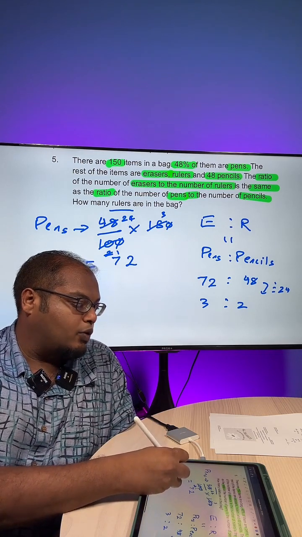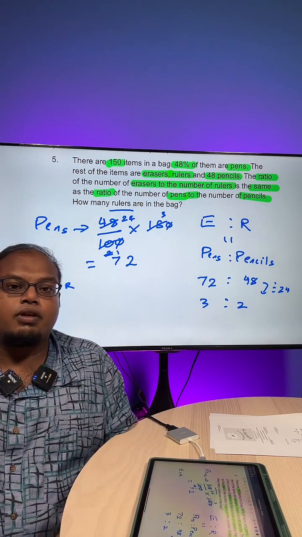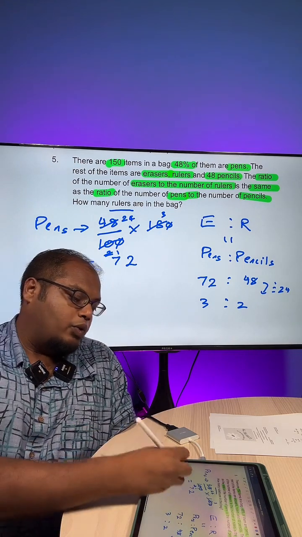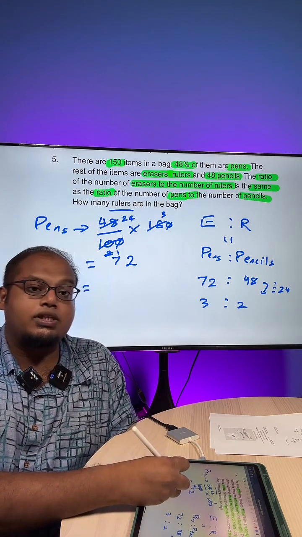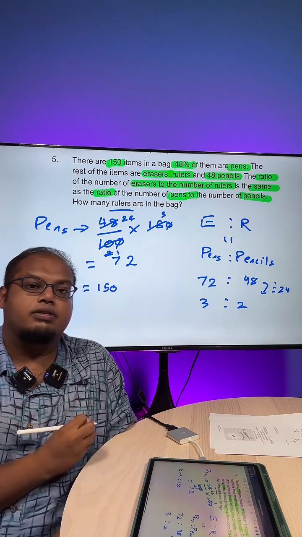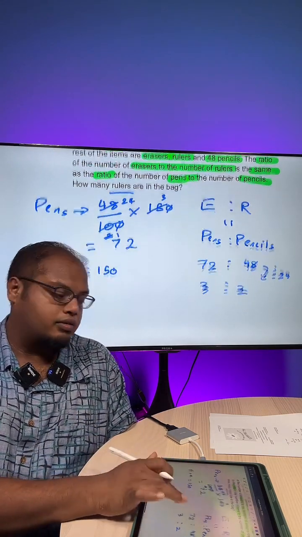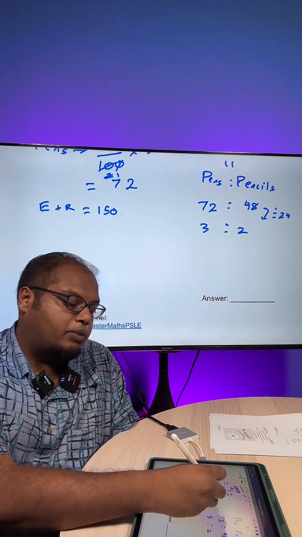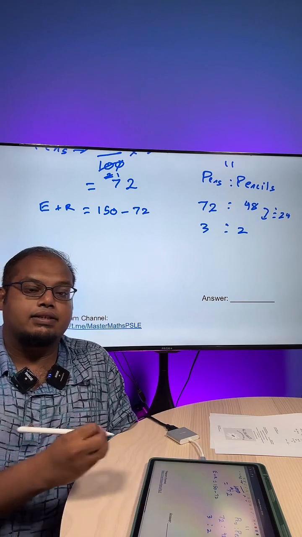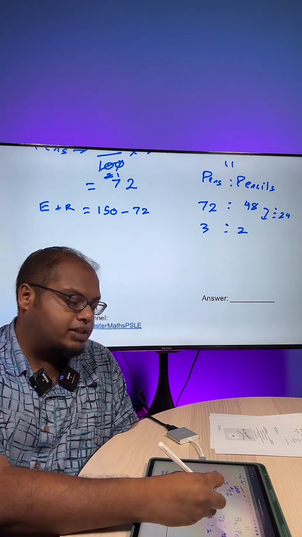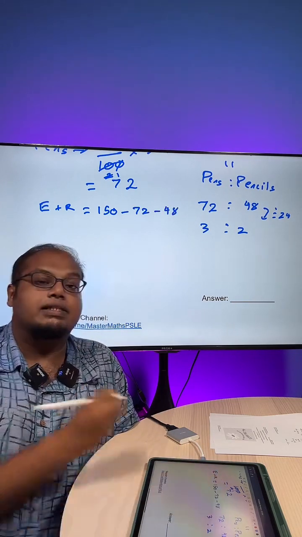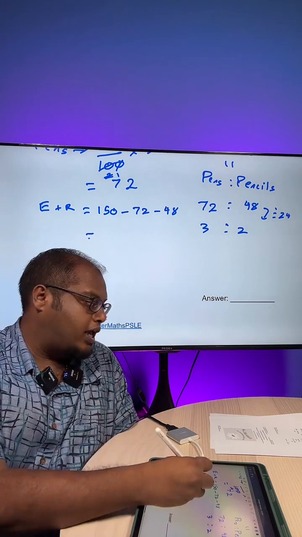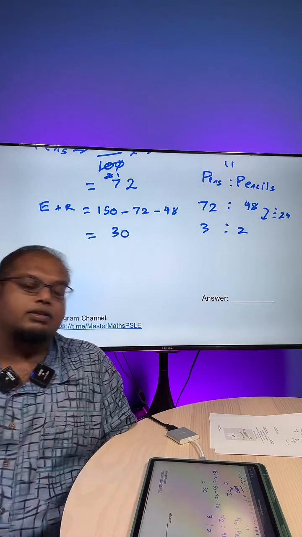Now what are our erasers and rulers? We know that the total was 150. We minus the pens, then we minus the pencils, and we will get 30.